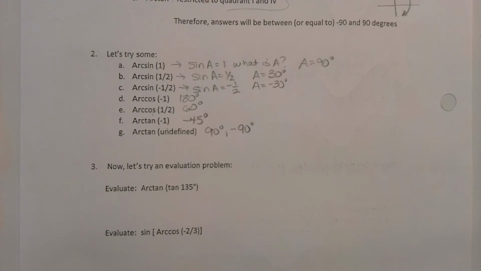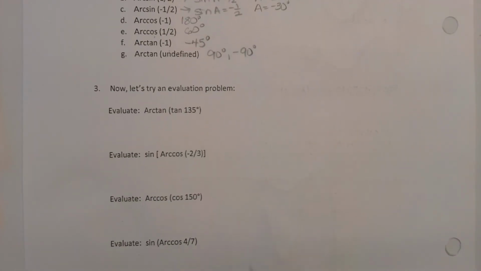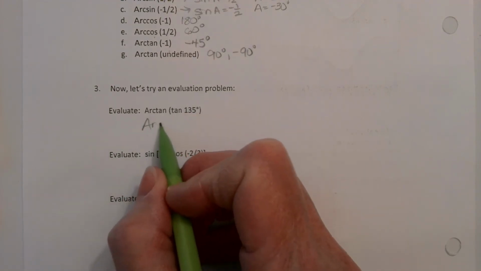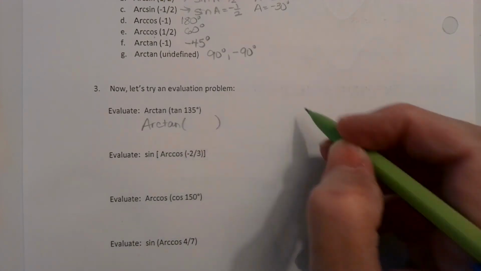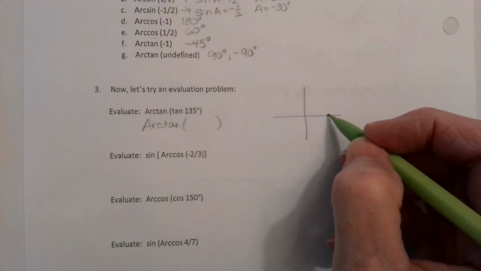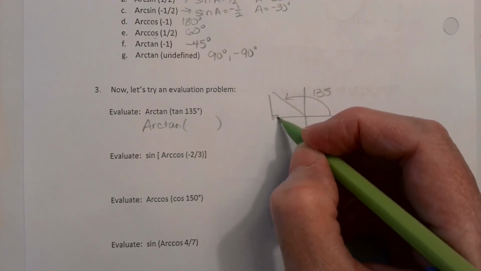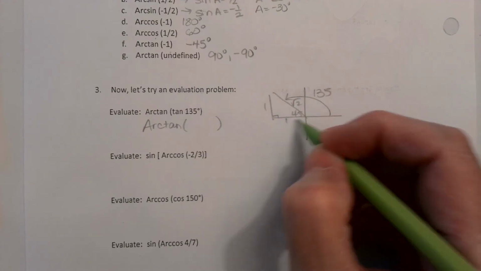Okay, so let's look at it in an evaluation problem. So we got to get the parentheses done first, just like always. So let's figure out the tangent of 135. Okay, so you got 135 degrees. So your triangle is going to be over here. That's 45. 1, 1, square root of 2, but this one's negative.